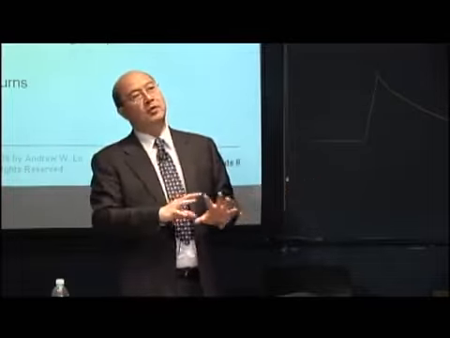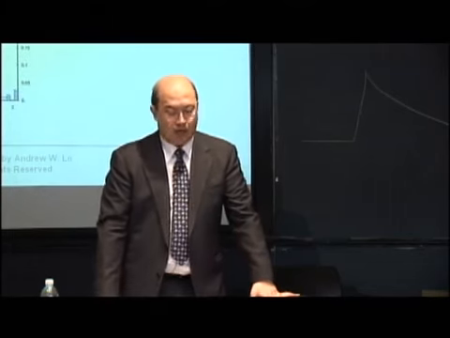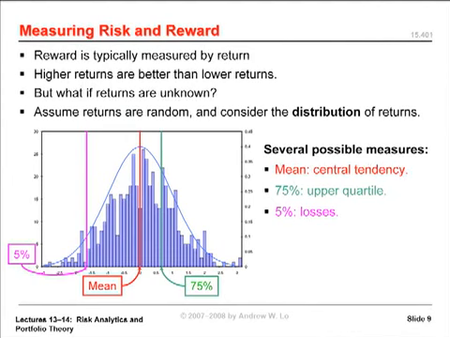Those are examples of non-pecuniary characteristics that figure into this choice of stocks. We're going to abstract from that. So for our purposes, the characteristics that we're going to look at for a good portfolio is, does it have a high return? Does it have low risk?